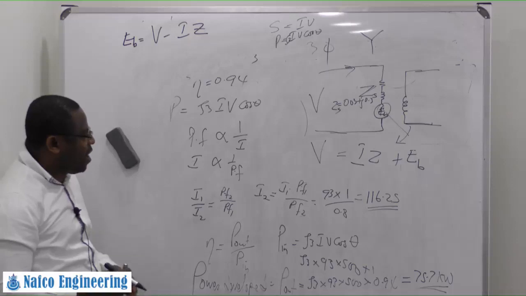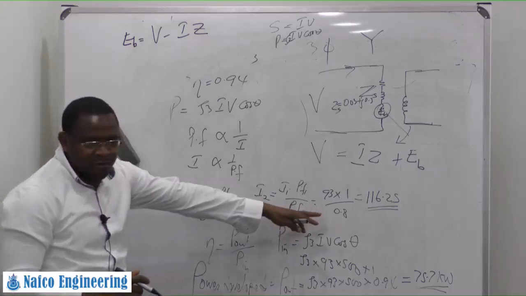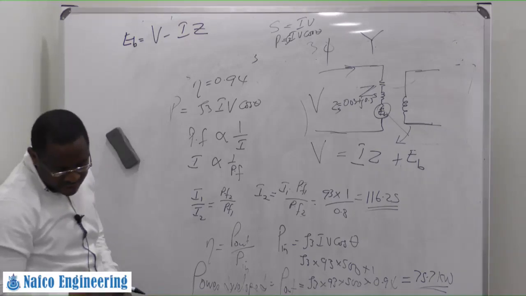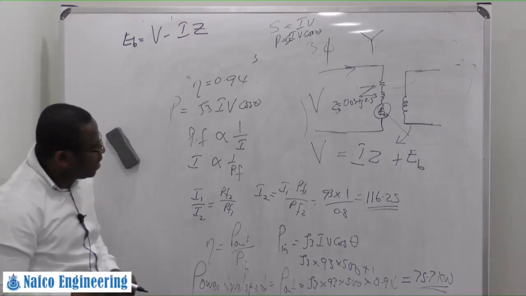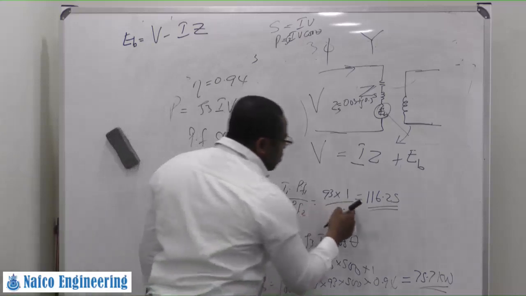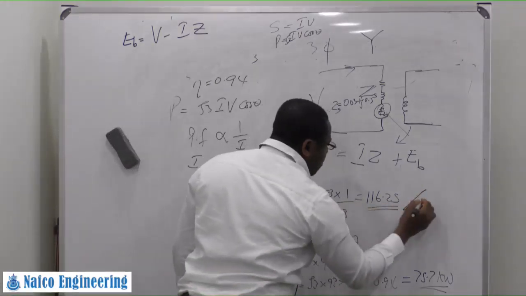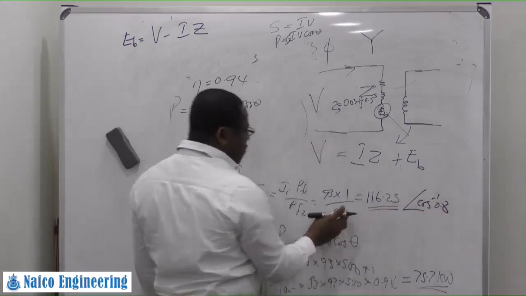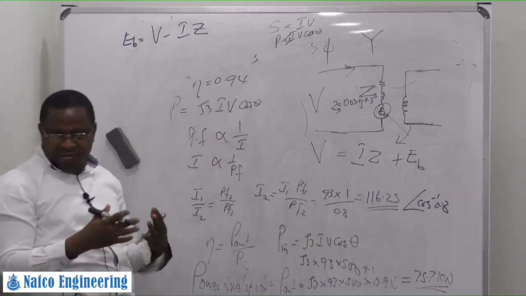So did we get our I? We have our I here, right? At that power factor. Now, if you complete this, remember that this is with arc cos of 0.8. If you just want to put that power factor, you put the angle, isn't it?